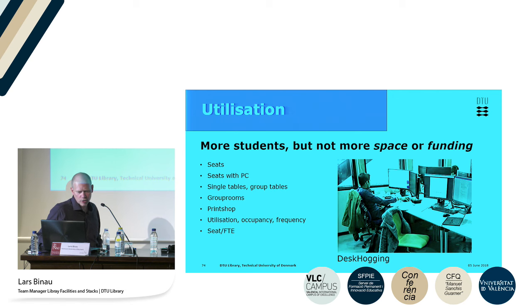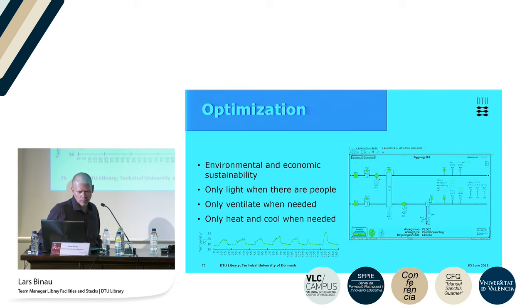So that's what we're going to use all the sensors to help with. And optimization, this is, of course, very much aiming at being sustainable. We're saving a lot of energy for all of DTU and only have lights when there are people, ventilate when needed and only heat and cool when needed.